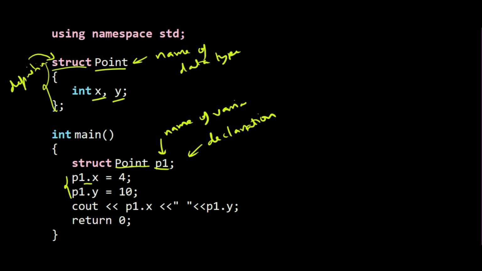In C, it is compulsory to write struct point, but in C++ we can leave it and simply go with point p1. We can use the dot operator to access the variables or assign them. So here we are assigning p1.x to 4 and p1.y to 10. When we print it out, we will get 4, a space, and 10 as output.